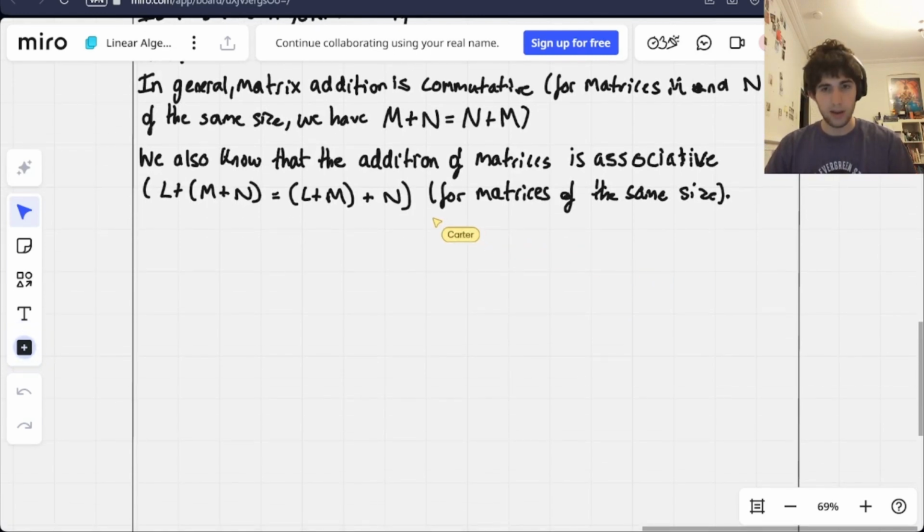Now let's talk about something else before we move on to scalar multiplication. Let's define the zero matrix.